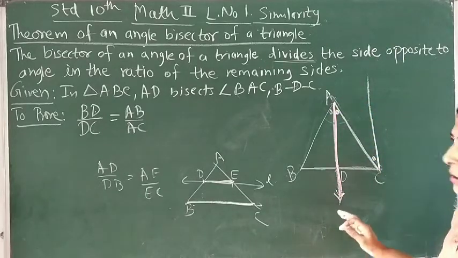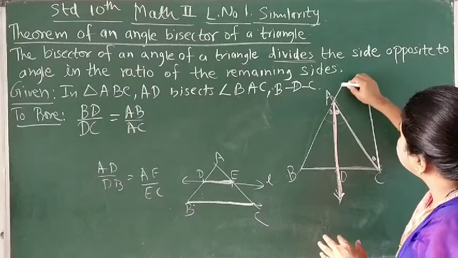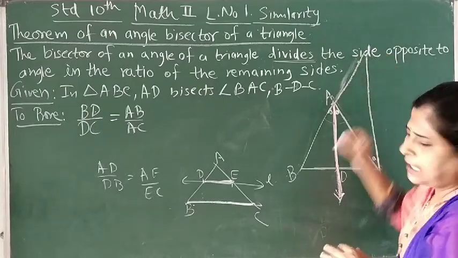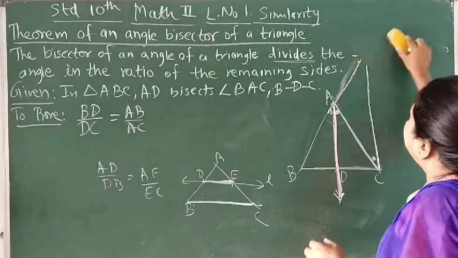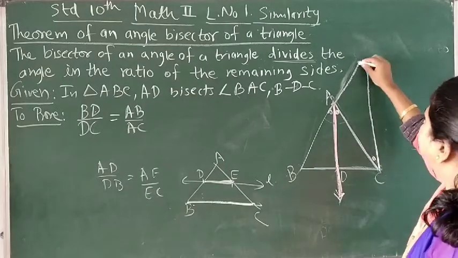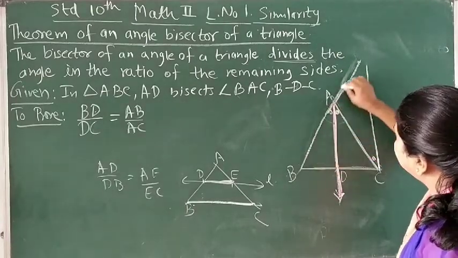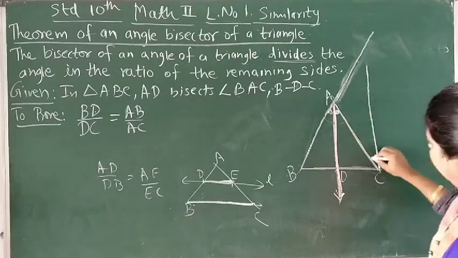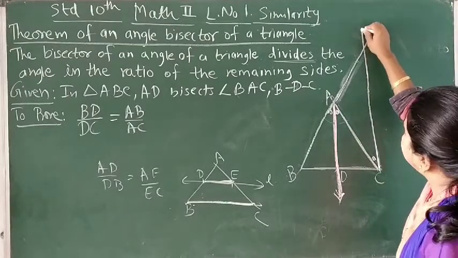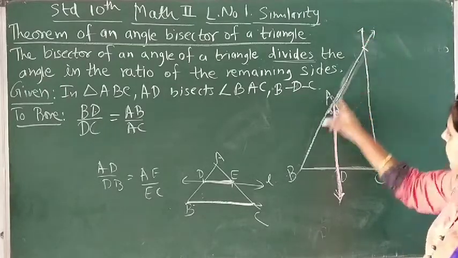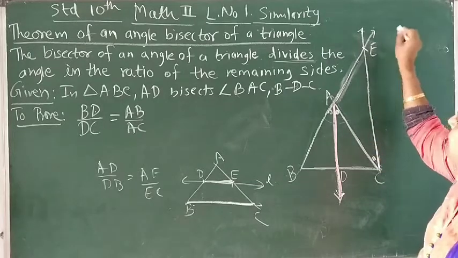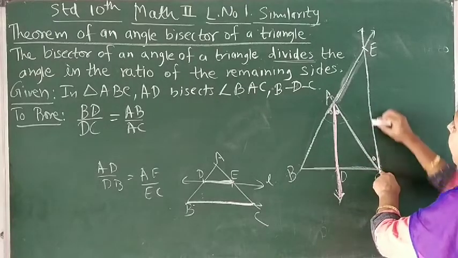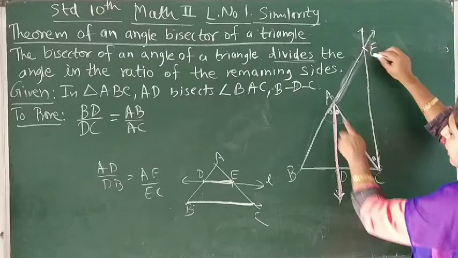Now it should be a triangle. To get a triangle, this should be extended. So if I extend BA here, and extend this parallel which we got by alternate angles, wherever they meet, that point we take as E. So what we have done is draw one parallel, CE parallel to AD.